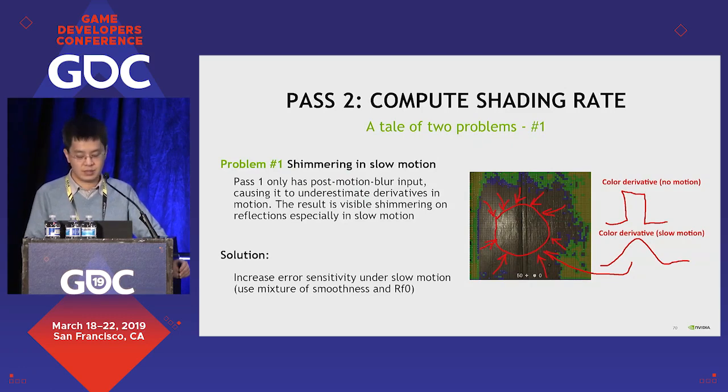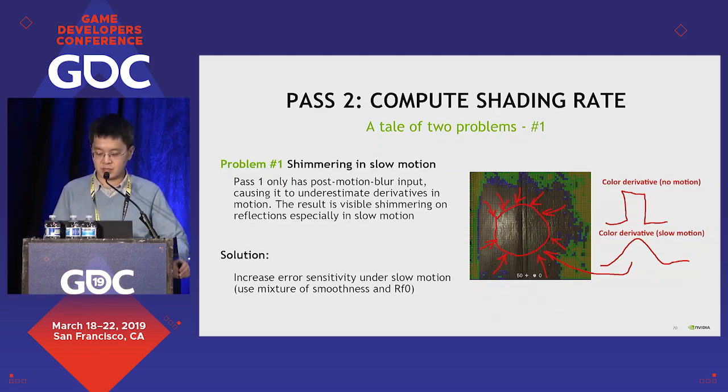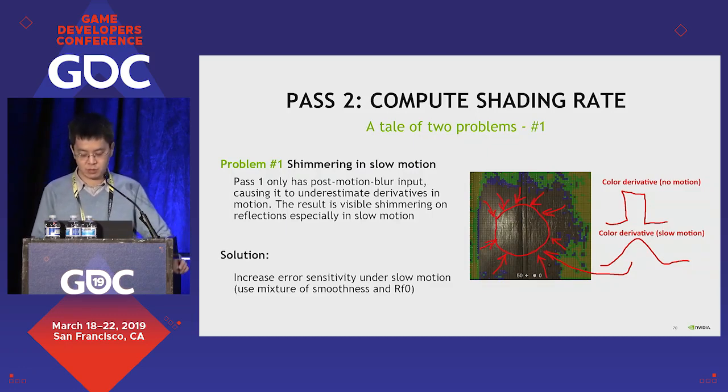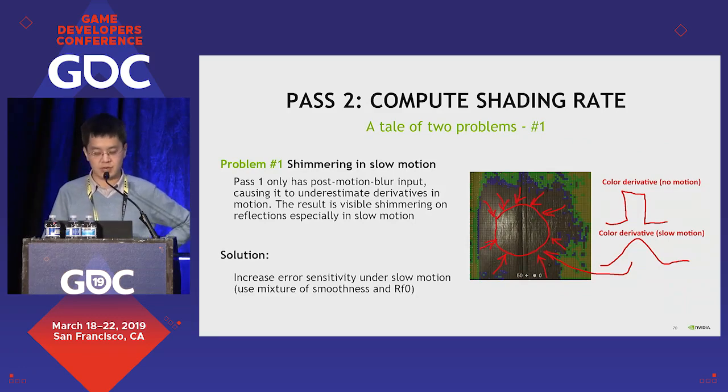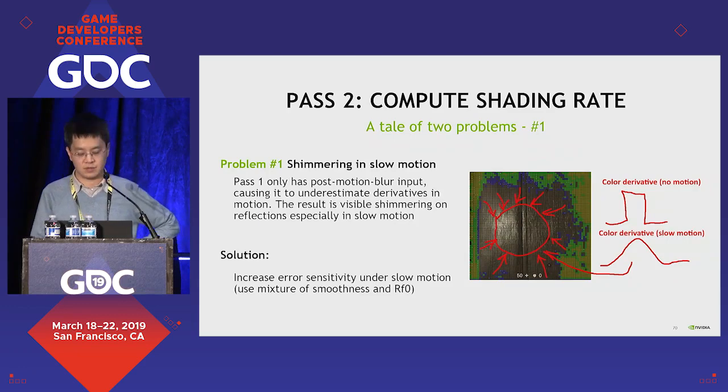In the example on the right, when there is slow motion, the surrounding low shading rate regions will creep into the center, but the motion blur is not enough to hide the error. The workaround we use is to identify such surfaces by using a mixture of smoothness and reflectance coefficients, and then increase the error sensitivity under slow motion.